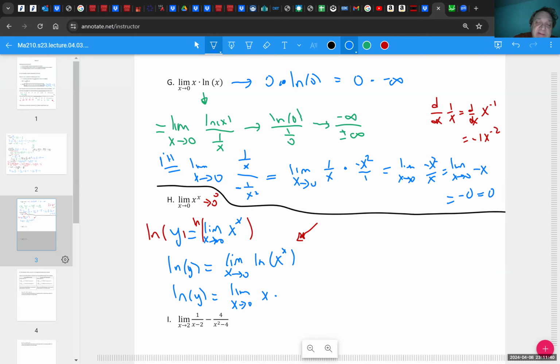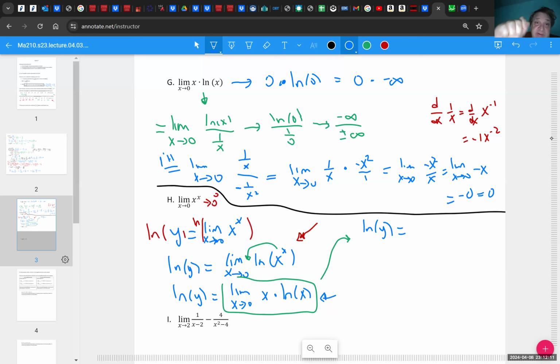So this would be x times ln x. Remember, the x from here comes down in front. That's one of our ways of simplifying logarithms. So we have ln of y is equal to this limit here.